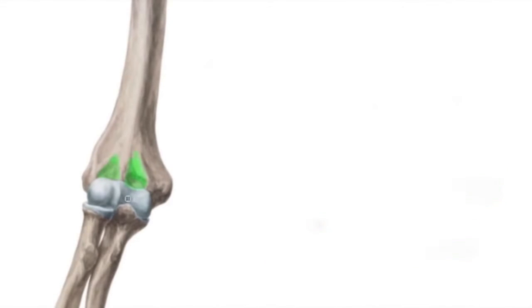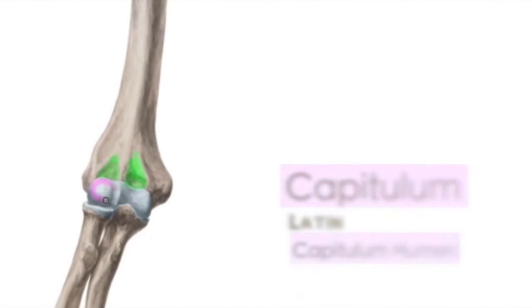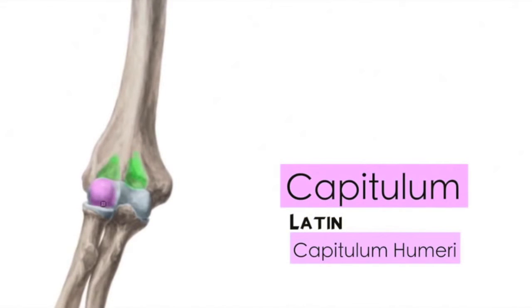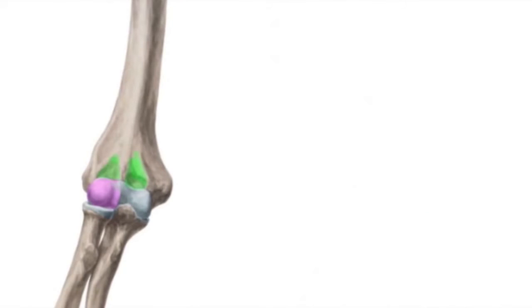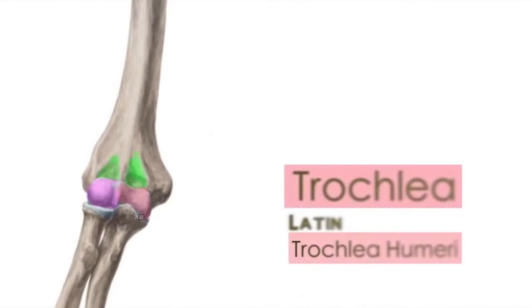Now here you will also find a structure known as the capitulum, and this is what's going to articulate with the radius. And on the opposite side, medially to it, you're going to find another structure known as the trochlea, and this is what's going to articulate with the ulna.